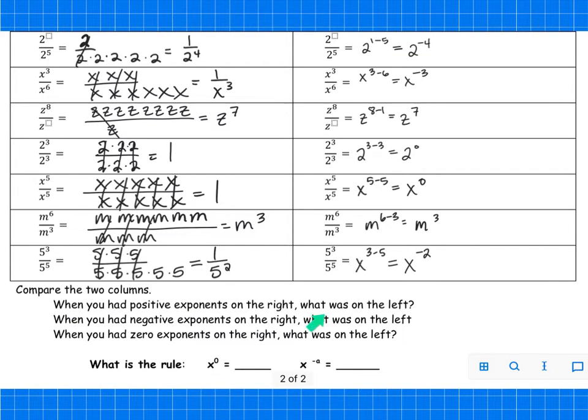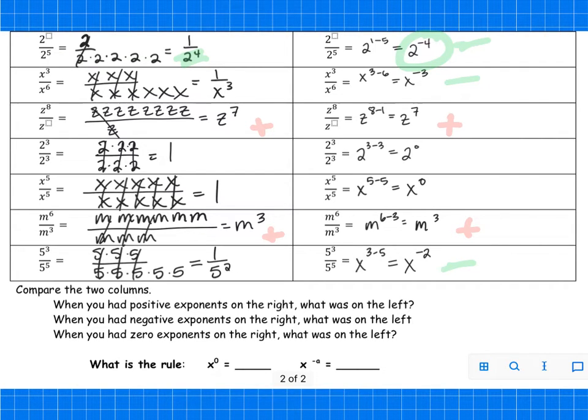So when we have a positive exponent on the right, here, here, and here, what we had over here was normal, nothing changed. When we had a negative exponent right here, here, and here, what happened over here was that if I have 2 to the negative 4th, I ended up with 2 to the 4th, but on the bottom of a fraction.